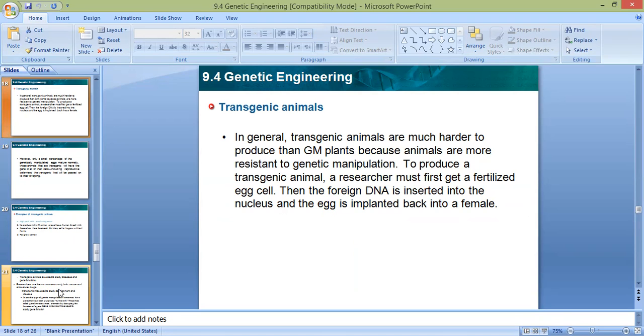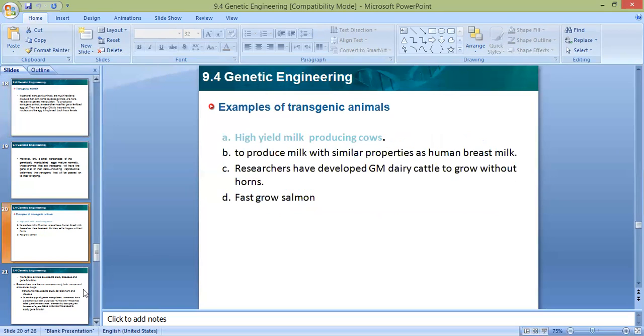It has a more complicated procedure, because for a transgenic animal the researcher must first get a fertilized egg, after the sperm and egg are joined together, then add the foreign DNA into the nucleus, and the egg is implanted back into the female. It's harder to make. Okay.